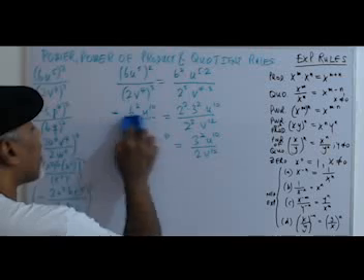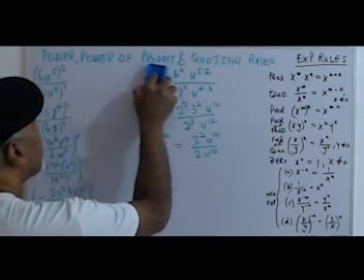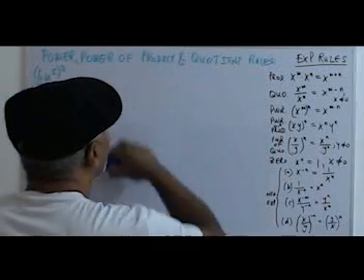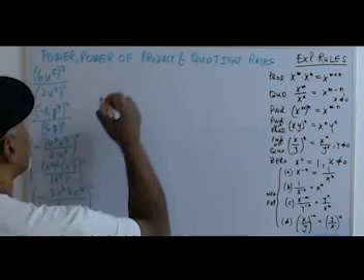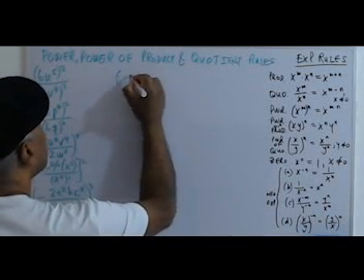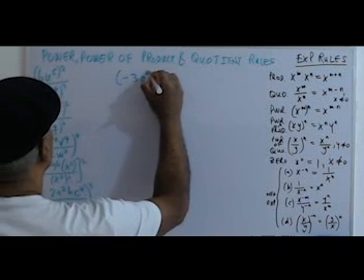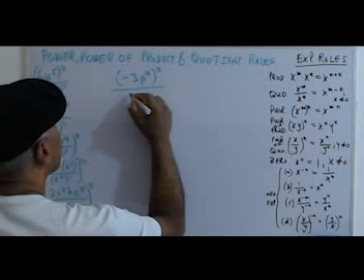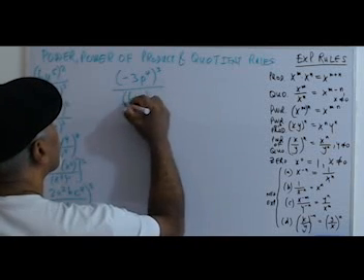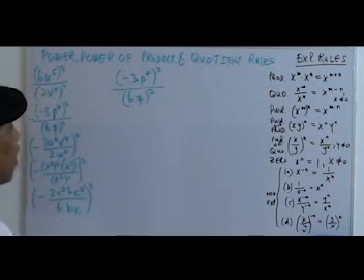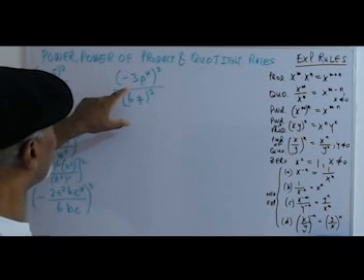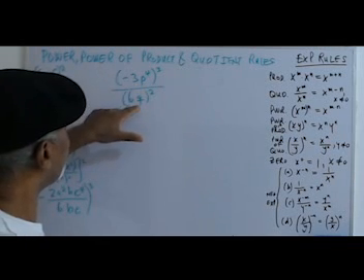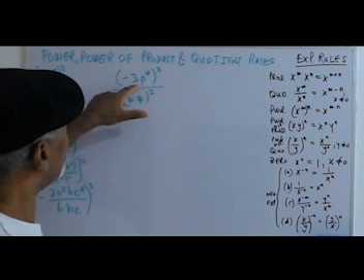Next, we have (-3p^4)^3 over (6q)^2. Now, I'm using many more unknowns in these problems because these are general expressions.